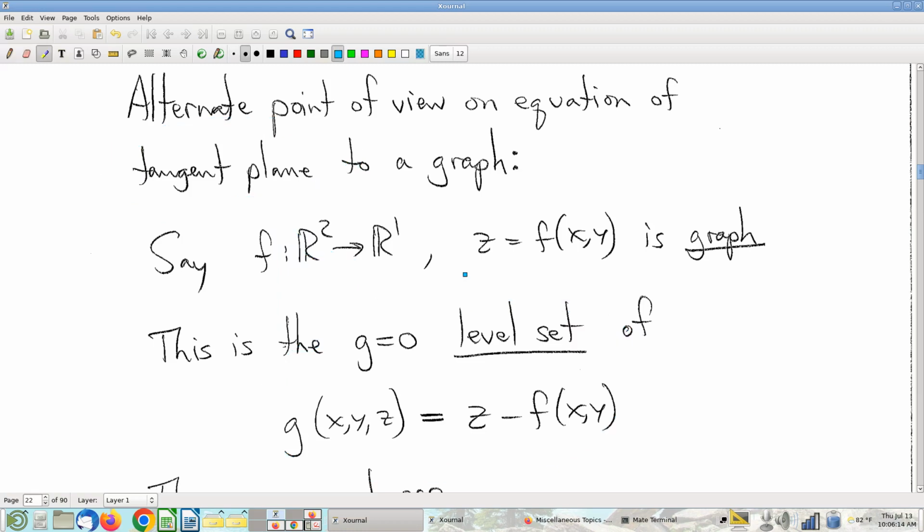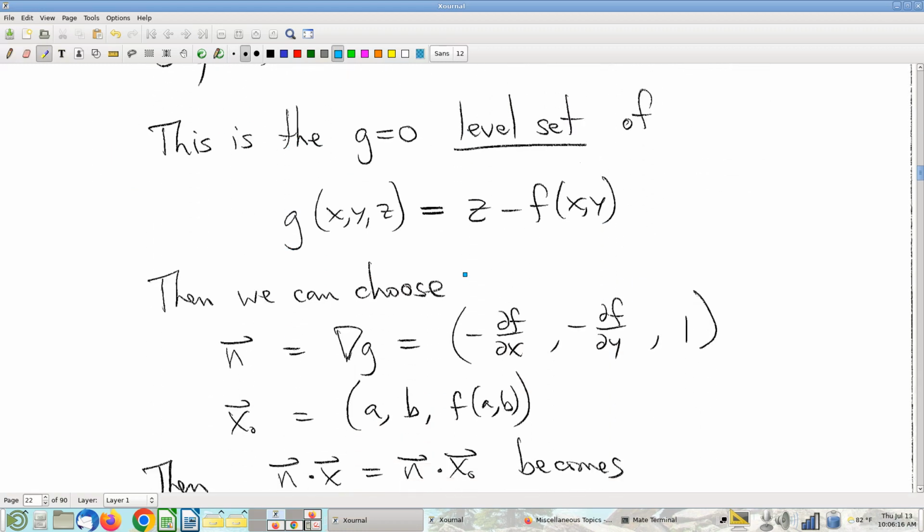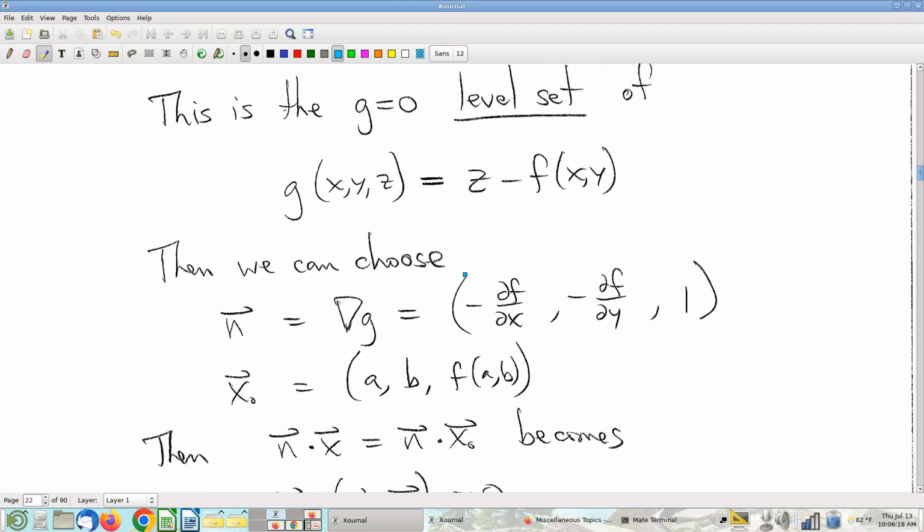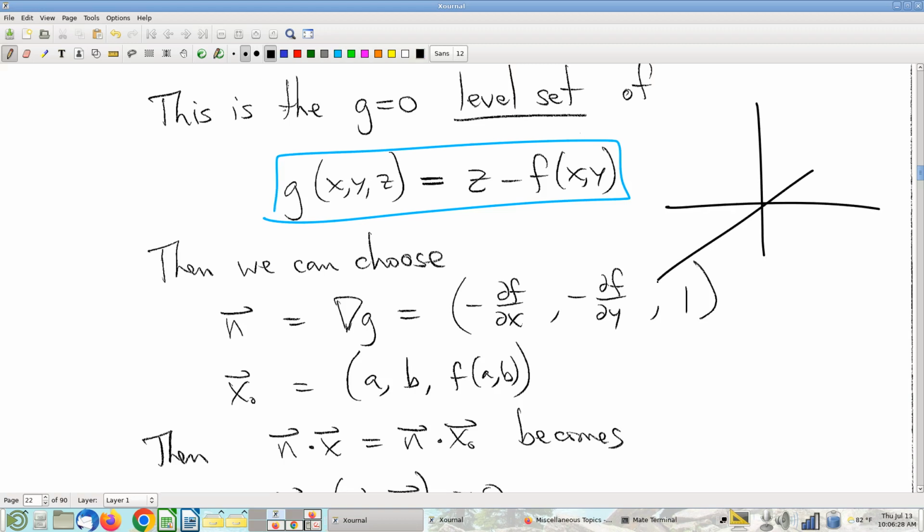So here we go. How do we find a tangent plane to a level set? Well, let's draw a picture. Again, we're thinking about this function right here. And the level set is going to be some surface, whatever, some surface. I want to find the tangent plane.